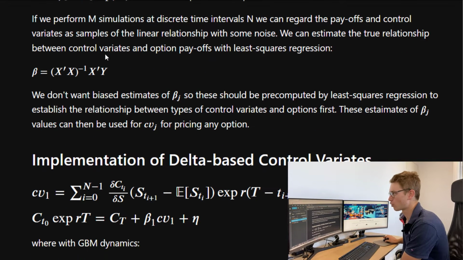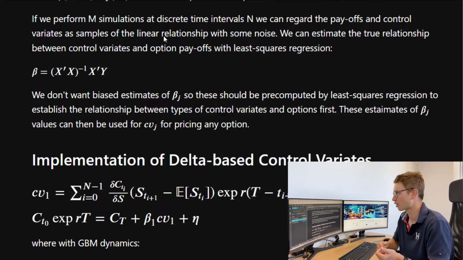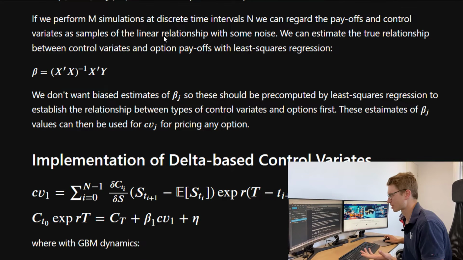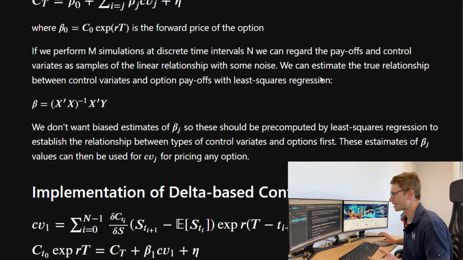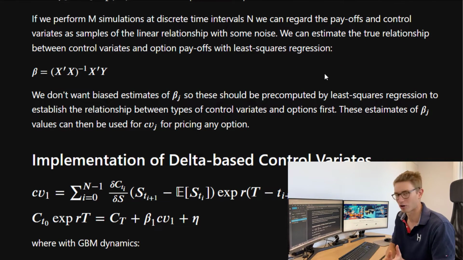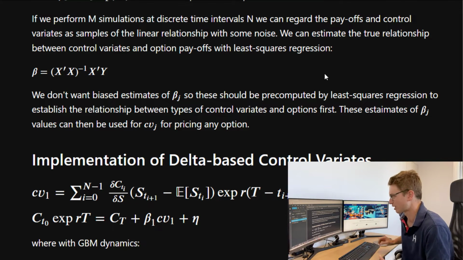Now, how do we calculate what the perfect beta value is for each control variate? Well, if we perform M simulations at discrete time intervals, we can regard the payoffs and the control variates as just samples of this linear relationship. So this is just a multivariate linear equation, and we've got some noise. So what we can do is estimate the true relationship between the control variates and the option payoffs with simple least squares regression.